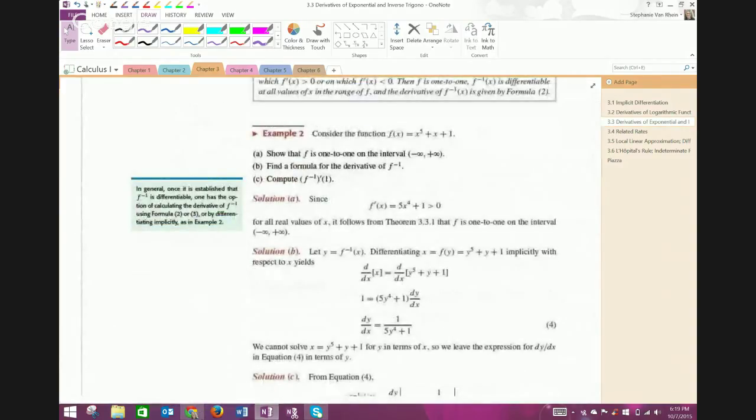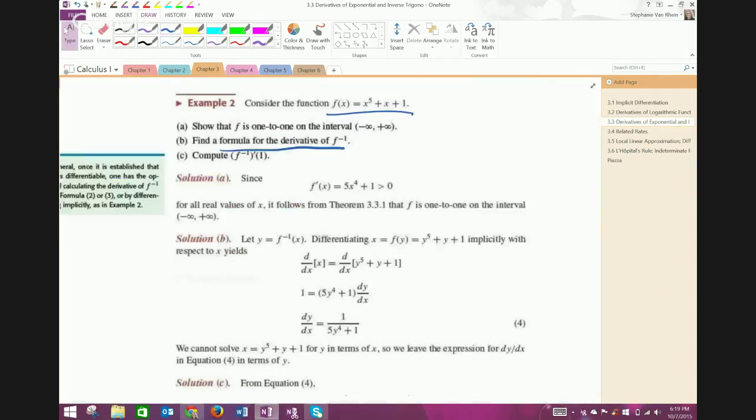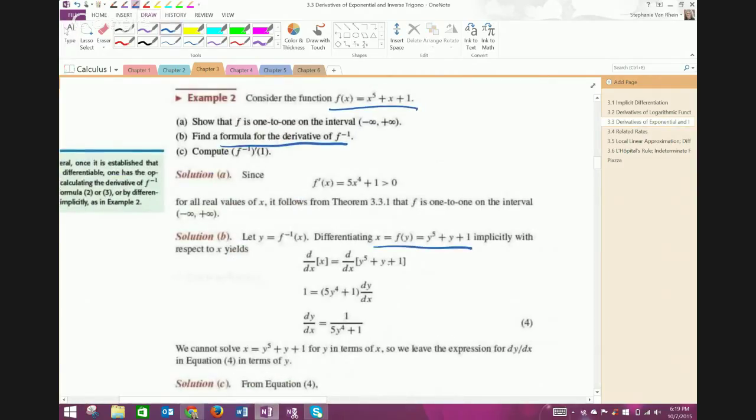Again, hopefully this didn't confuse you anymore. Looking at some of the examples, in this example it's impossible to find the inverse function straightforwardly. So I can find the formula for the derivative using implicit differentiation. I'm going to use the formula that is given: the derivative of the inverse is 1 over the derivative of x with respect to y.